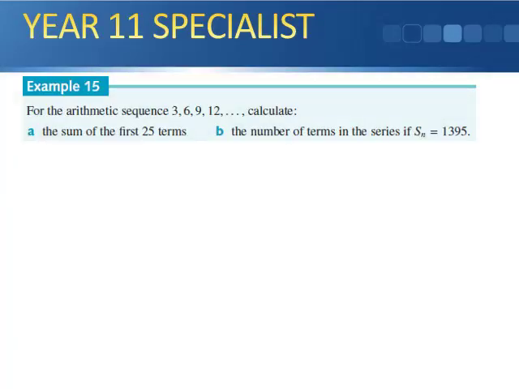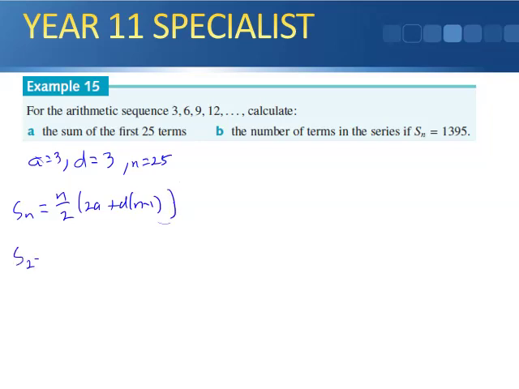Number 15, for the arithmetic sequence, calculate the sum of the first 25 terms. We know a here, it's 3. Our d is 3, we're adding 3 to it all the time. And we want n equal to 25. So we have S of n. We don't know our last term, so we can't use that. We're going to use this one over here, n over 2 times (2a plus d(n minus 1)), and we're doing S of 25.